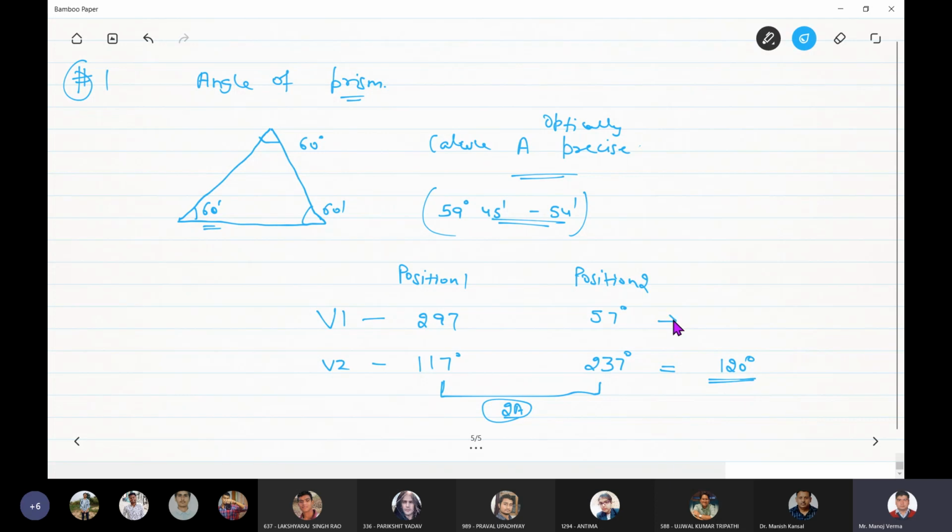But now another problem, a very common problem. If you decrease this 57 from 297, it will come to 240. Is it true? Is it right? See, vernier 2 was giving the difference as 120 degree. Vernier 1 is giving a difference of 240 degree.